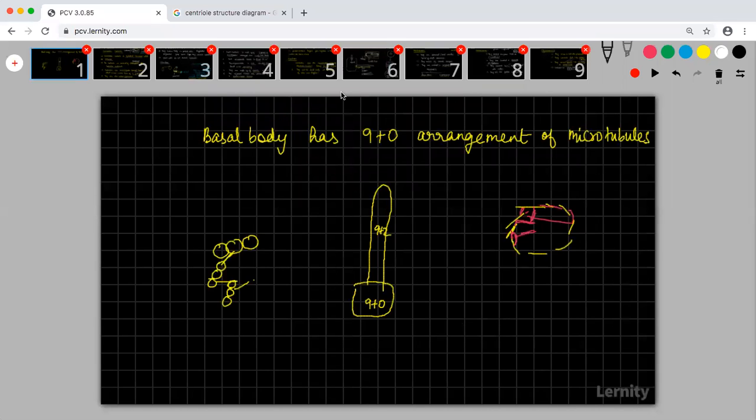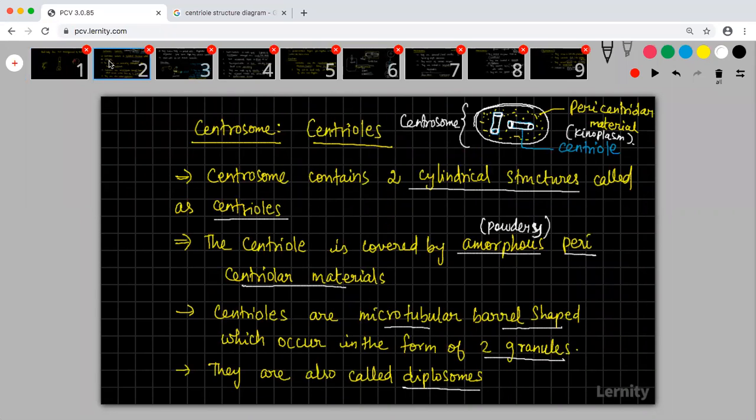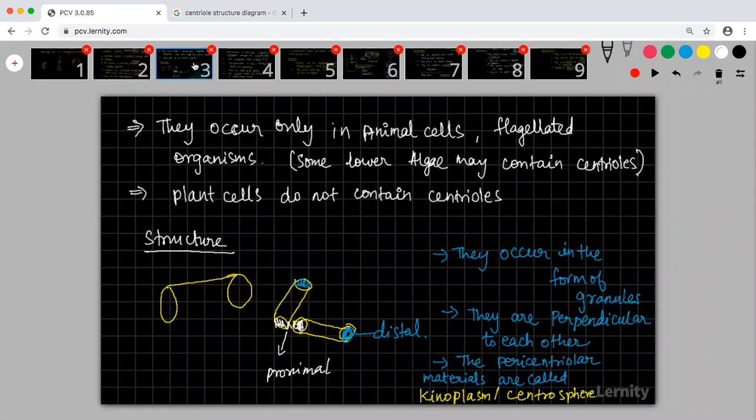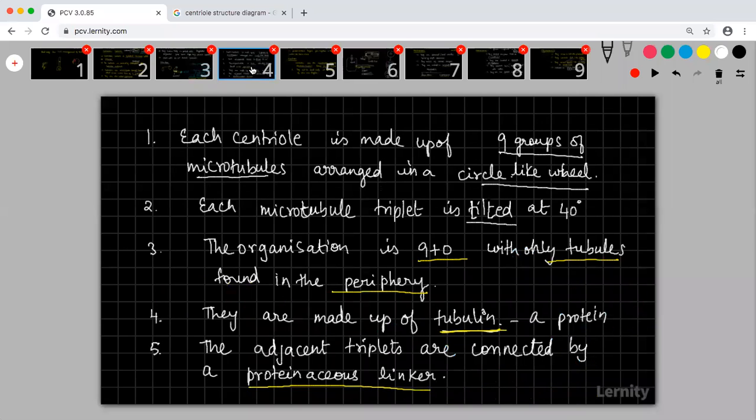First slide, second slide, third slide, fourth slide. Yes, it is possible to convert fat into glucose in your liver cells.